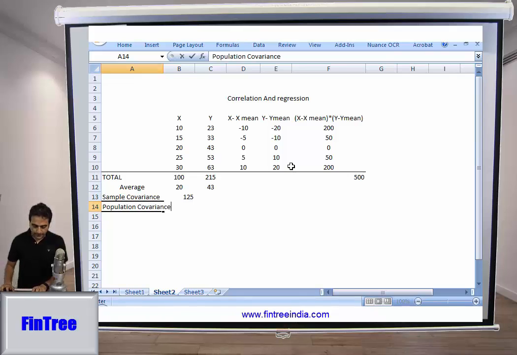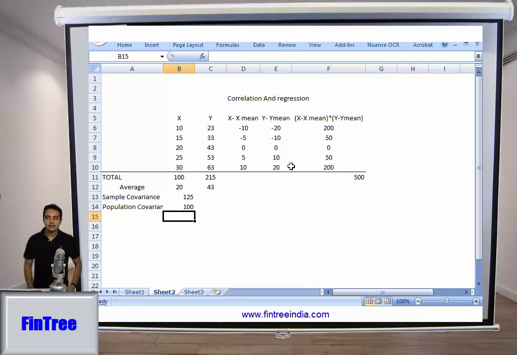Population covariance in this case would be 500 divided by 5. We just take that n as it is. So we have values for sample covariance and for population covariance.